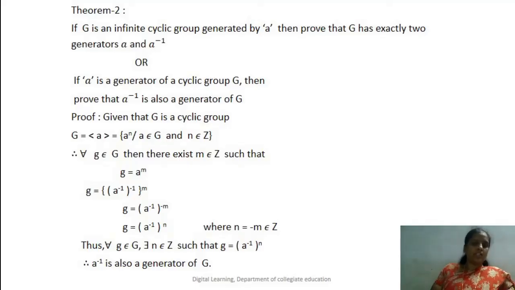So therefore a inverse is also a generator of G. Firstly we said that a is a generator of G, and after some steps we got that a inverse is also a generator of G. So it is proved that if G is an infinite cyclic group generated by a, then G has two generators, that is a and a inverse.